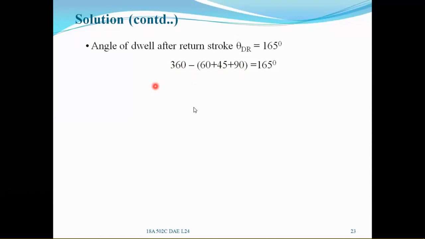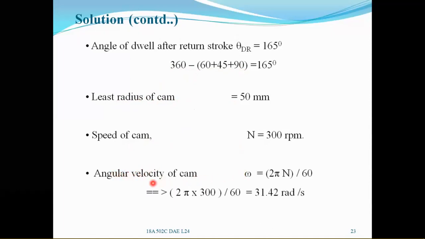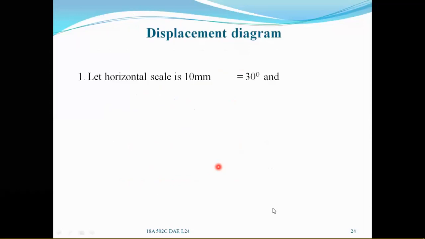The least radius of the cam is 50 mm, and the speed of the cam is 300 revolutions per minute. Angular velocity of the cam is 31.42 radians per second.